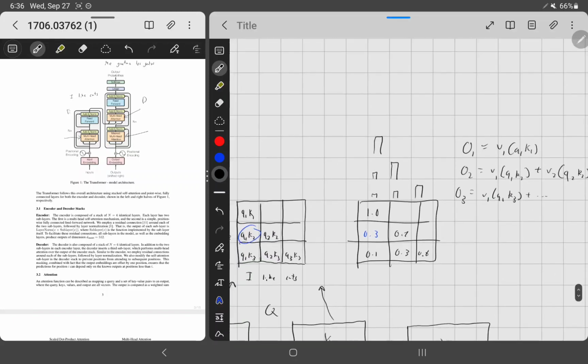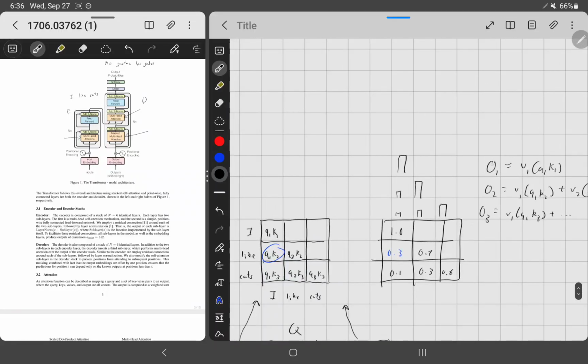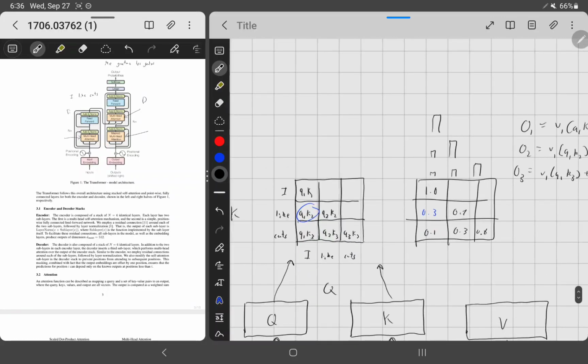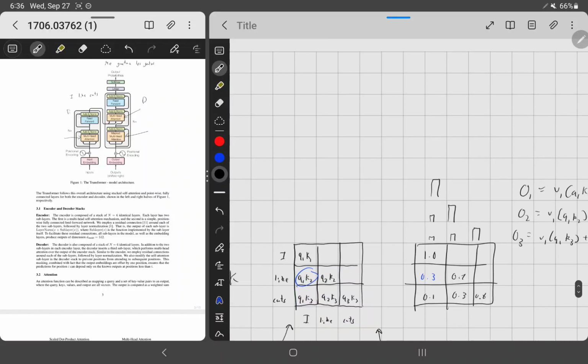So now you have this output representation, O1, O2, and O3. And to put this all in a formula, your output is equal to the softmax of the queries times keys transpose, times your values.